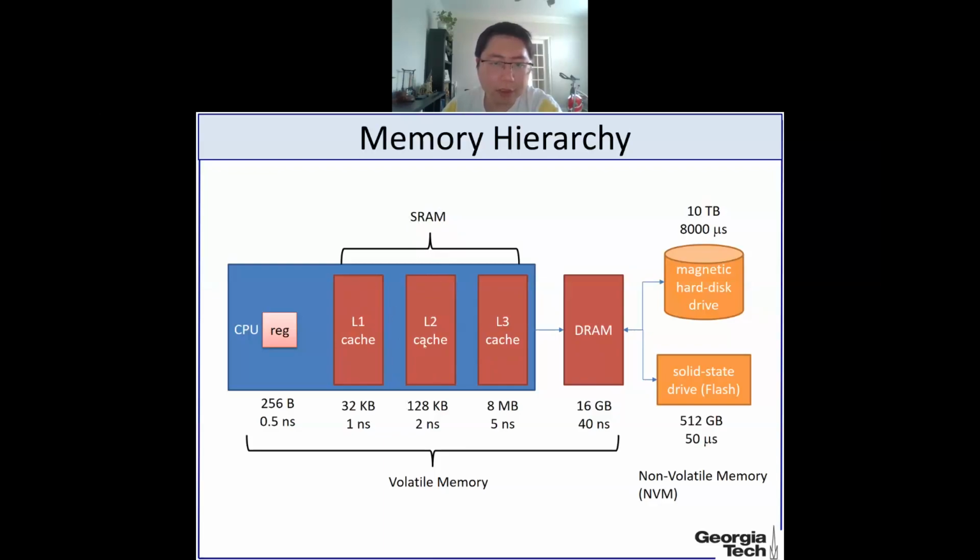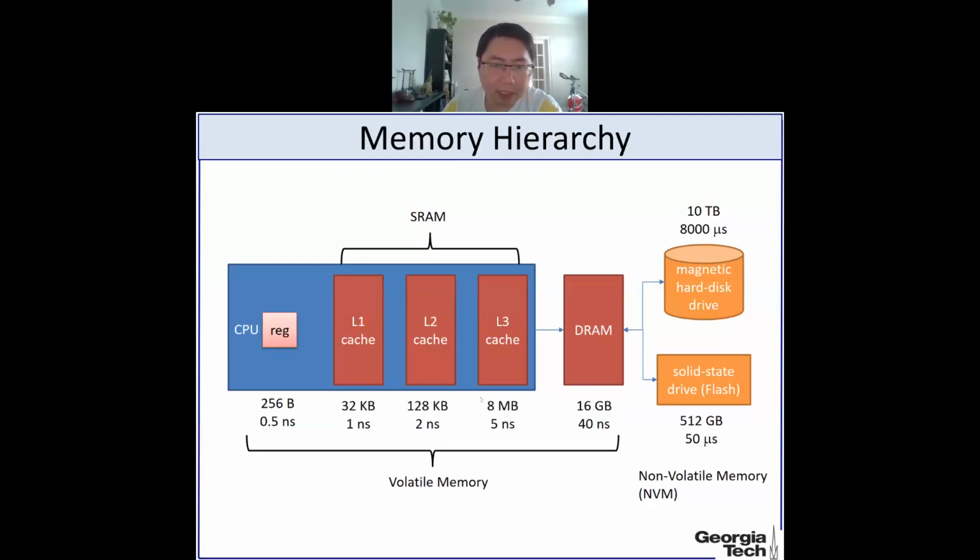For the caches, there are different levels, like level 1, level 2, level 3. You see the differences here are in the capacity and the access latency. The L1 cache is relatively smaller, for example, here 32 kilobytes. L2 is larger, like 128 kilobytes, and L3 is 8 megabytes in this example.